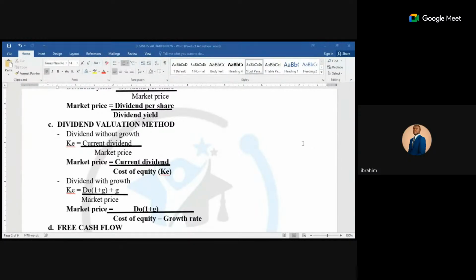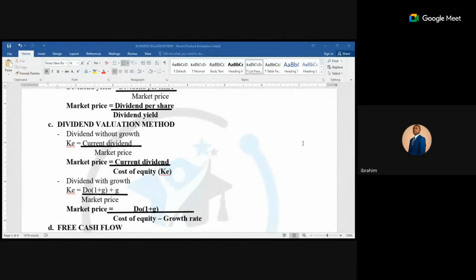Right. So the dividend with growth. It is assumed that the dividend will grow over the years. So how do we determine it? We remember this formula under the dividend with growth, under the cost of capital, right? Exactly. Okay. So the market price is still made the subject of the formula.